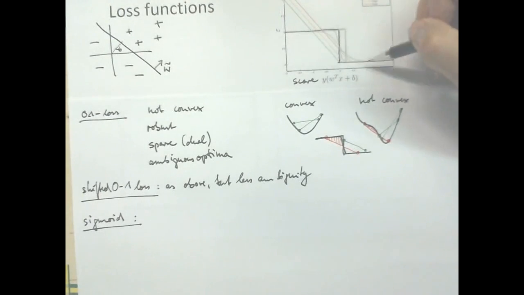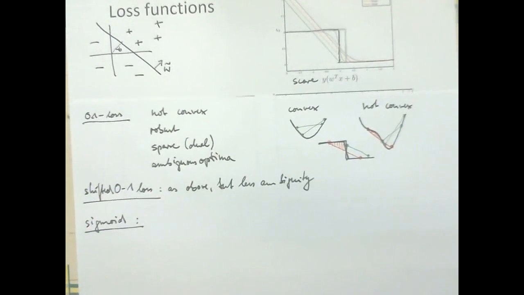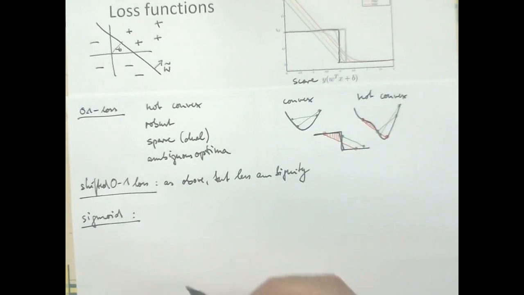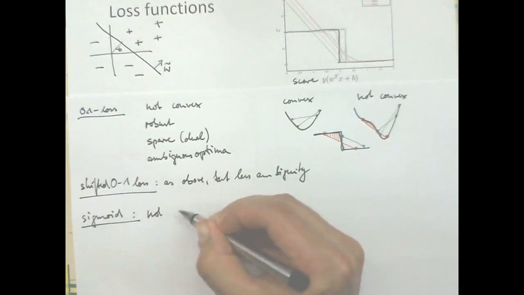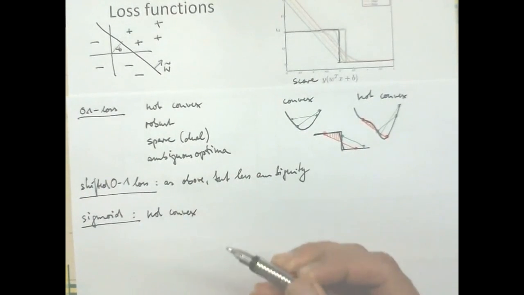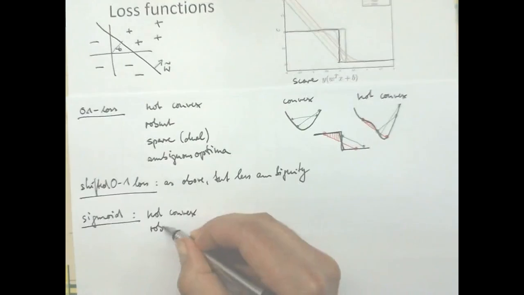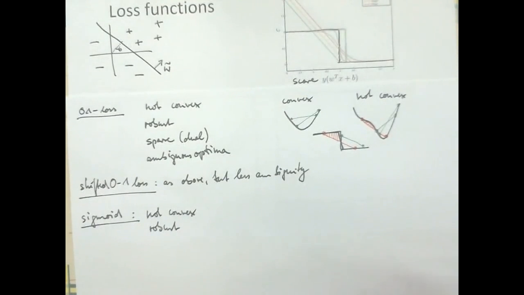They mellow out the 0-1 loss, and they are still not convex. However, they're still robust. If they're sparse or not, it depends on the exact formulation that you use.